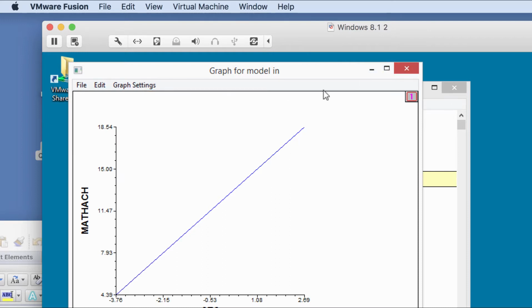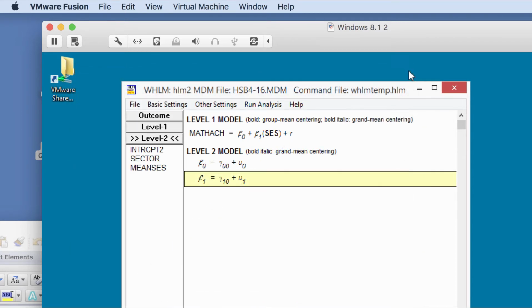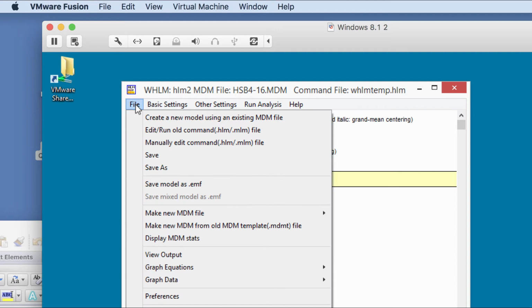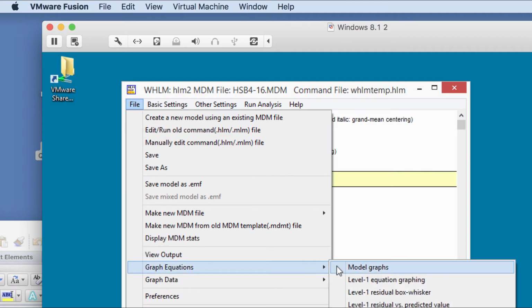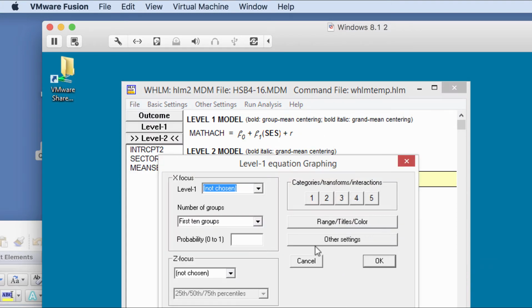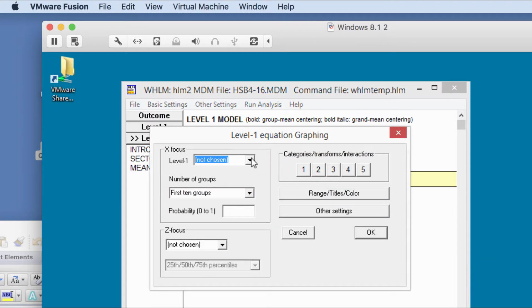So let me go back and start over again with my graphs. I go to File, Graph Equations, and then Level 1 graphing. This is the one I should have picked originally to show variability across the slopes.